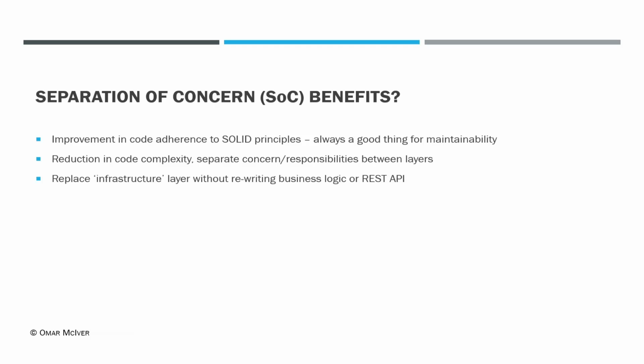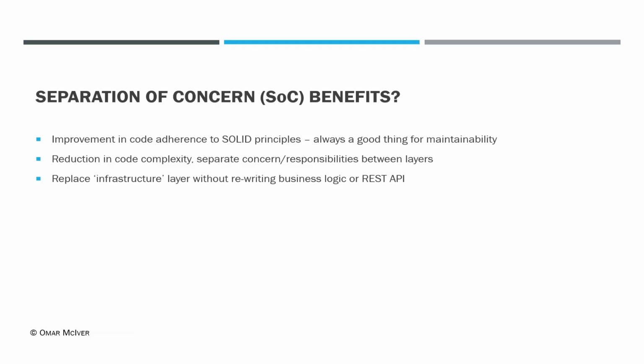The other thing we spoke about is I can replace that infrastructure layer without rewriting the business logic or the REST API. So we've written a fantastic microservice. We have hundreds of these microservices. They run our business. The oldest one now is using a technology that is vastly out of date. The maintenance of the back-end infrastructure for that is very costly, and we would like to switch it for more modern technology, whatever that may be in the future.